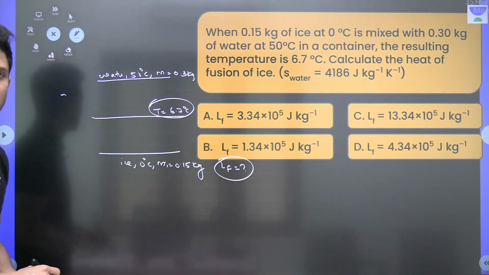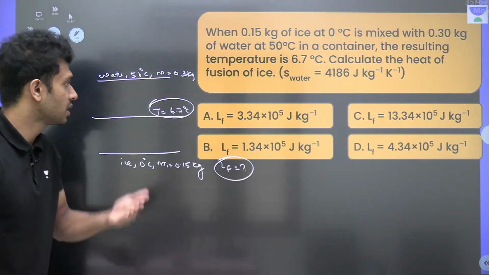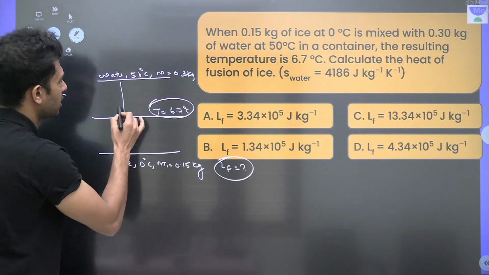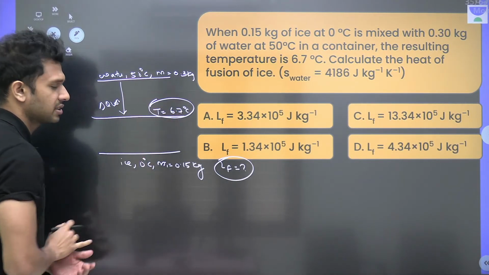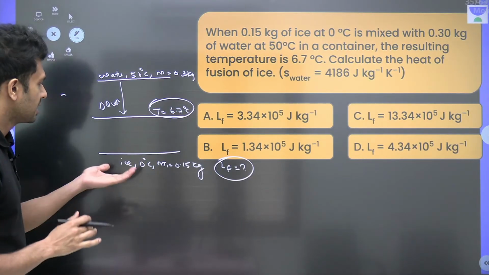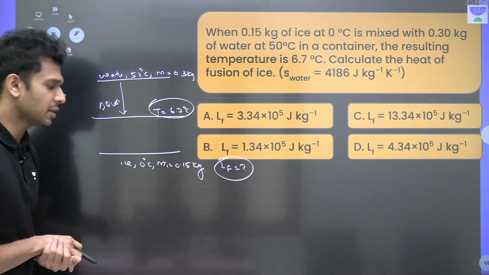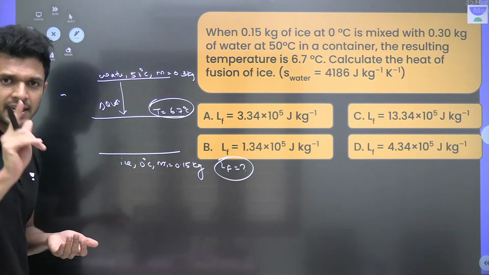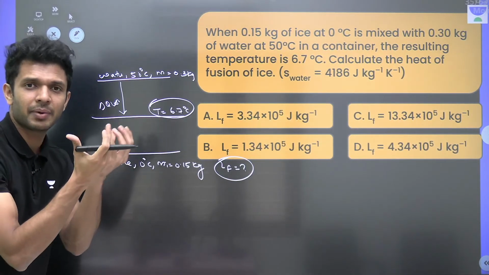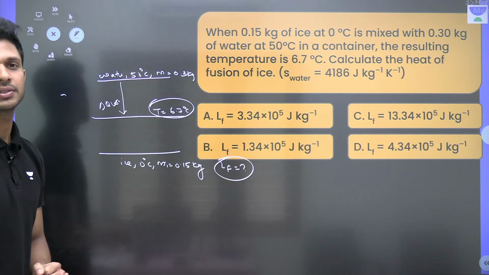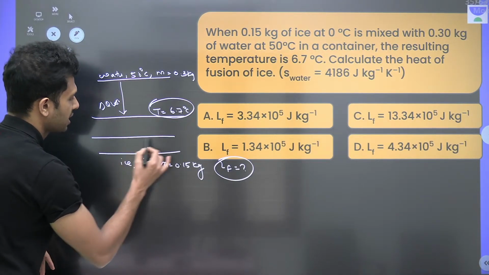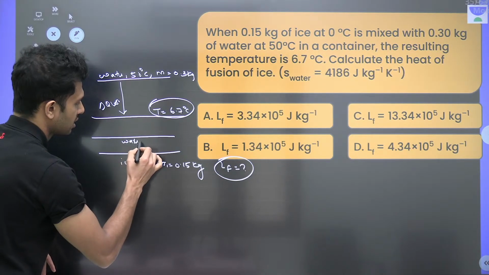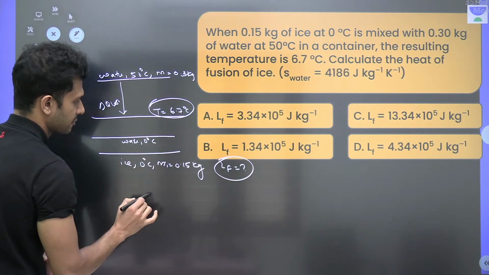Same concept we can use. Whatever is the heat energy lost by water, delta Q lost, because its temperature is being decreased here, is equivalent to the heat energy gained by ice. Now, when heat energy is being gained by ice, two processes happen. First, ice at 0 degrees Celsius will be converted to water at 0 degrees Celsius.